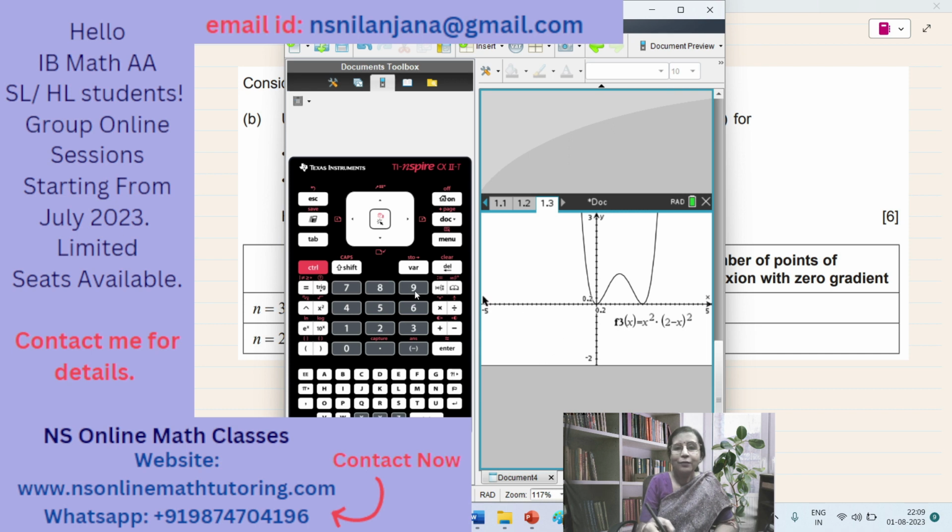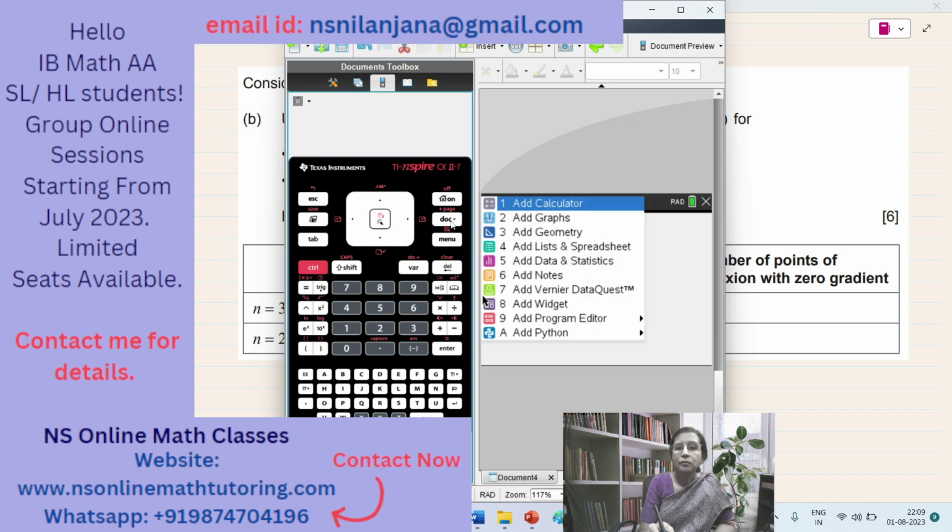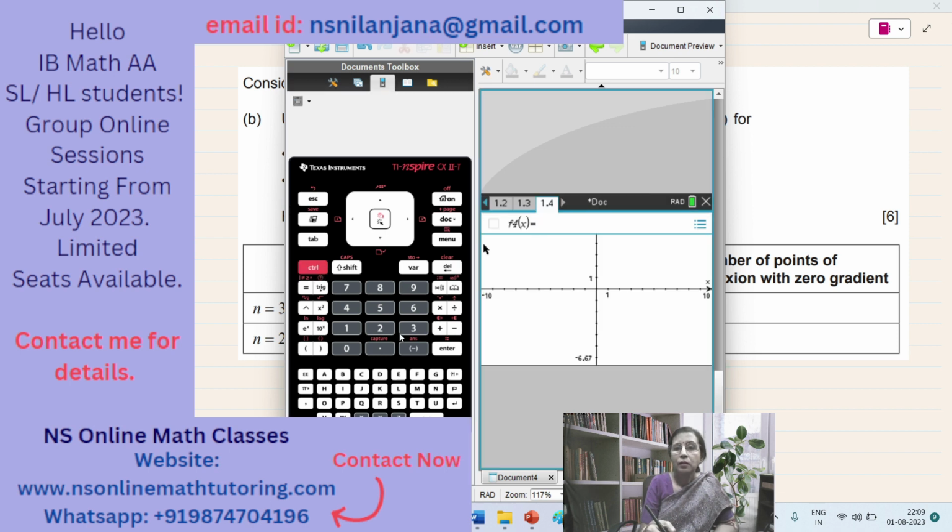Okay, and finally we have to get the graph for n equal to 4. So x to the power of 4 times (2 minus x) whole raised to the power of 4. Enter.